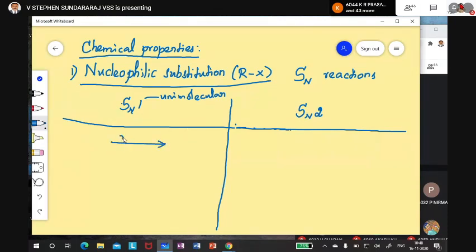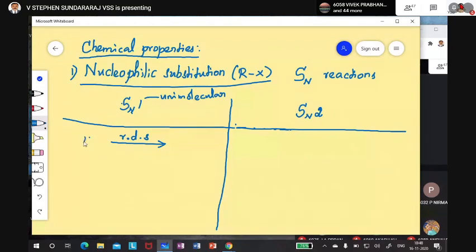I use the word shortest form rate determining step, RDS. I have written. Okay, so in the rate determining step, there is only one chemical species.